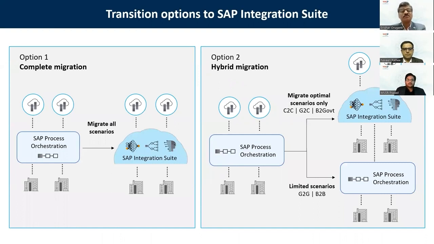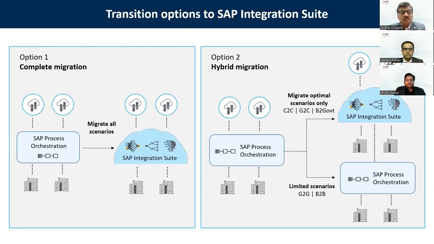Go ahead, Prasad. Yeah. So here, when it comes to the migration options, we have three options actually. I'll also talk about the third option, but the important options are highlighted here. Option 1 is for the customer who wants the complete migration from PO to Integration Suite, where they would like to retire the PO.